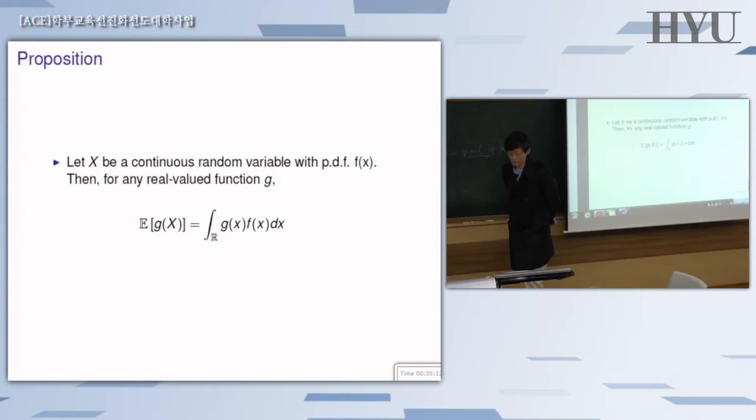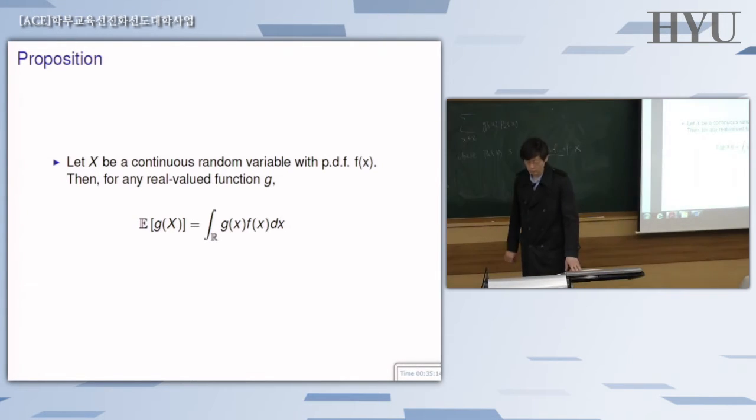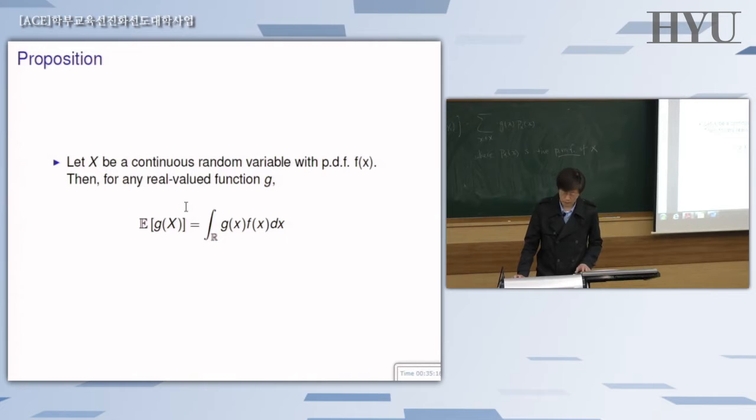Now it's a continuous case, so we have to do the integral instead of summation. The key thing here is that this PDF is not the PDF of g of x, it's just the PDF of x itself. And quite conveniently, you can compute the expectation of this function of x still using the PDF of x. So there's no need to derive the PDF of g of x.